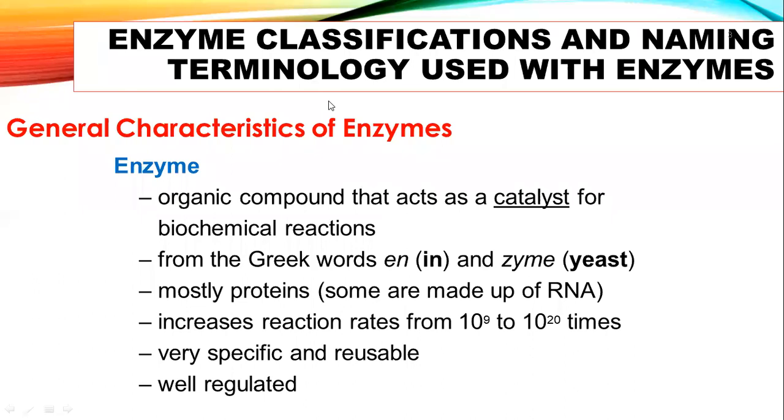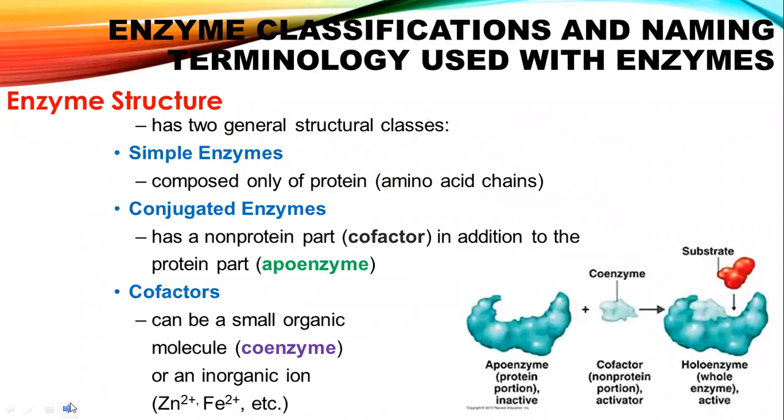No, imagine if the reaction would increase 10 to the 20 times. So it's very specific also and very reusable and well regulated. So that is the main function of the enzyme. Increases the rates of reaction by 10 to the 9 or 10 to the 20 times. So the increase niya is by a billion times.